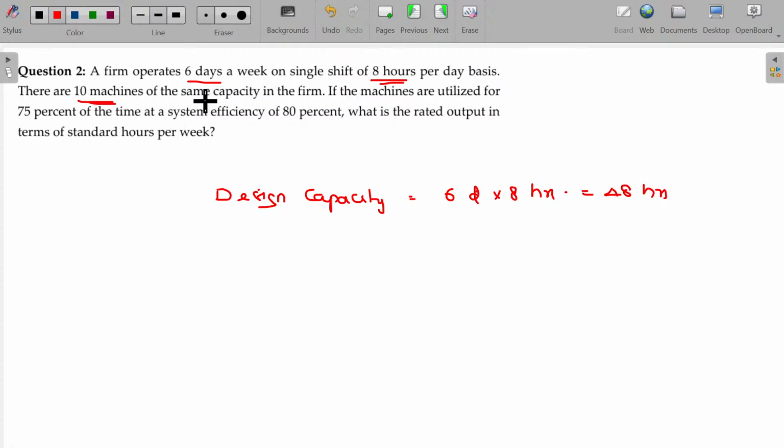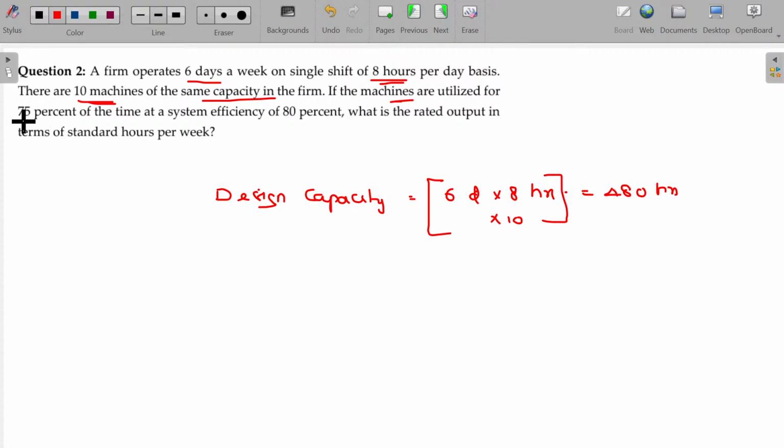There are 10 machines of the same capacity in the firm, so you have to multiply with 10 machines. For every machine we can work for 48 hours; for the 10 machines, we can work for 480 hours.